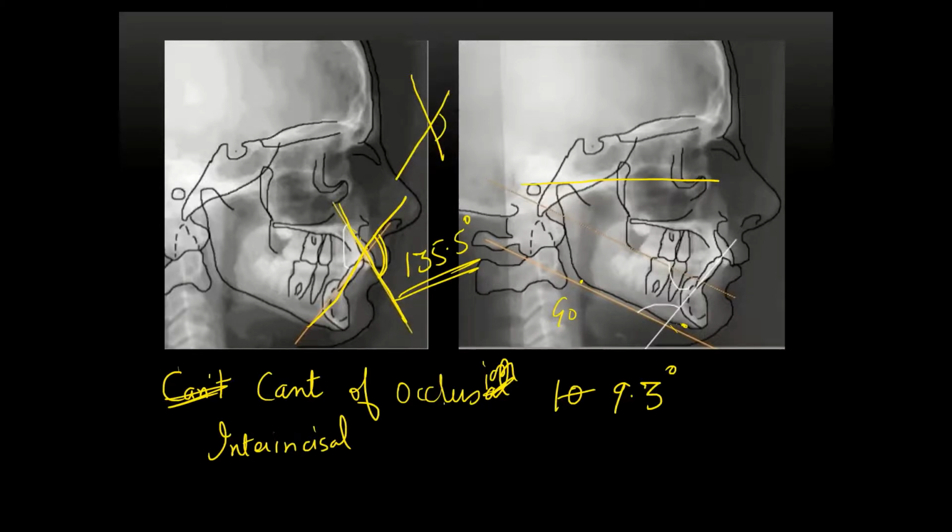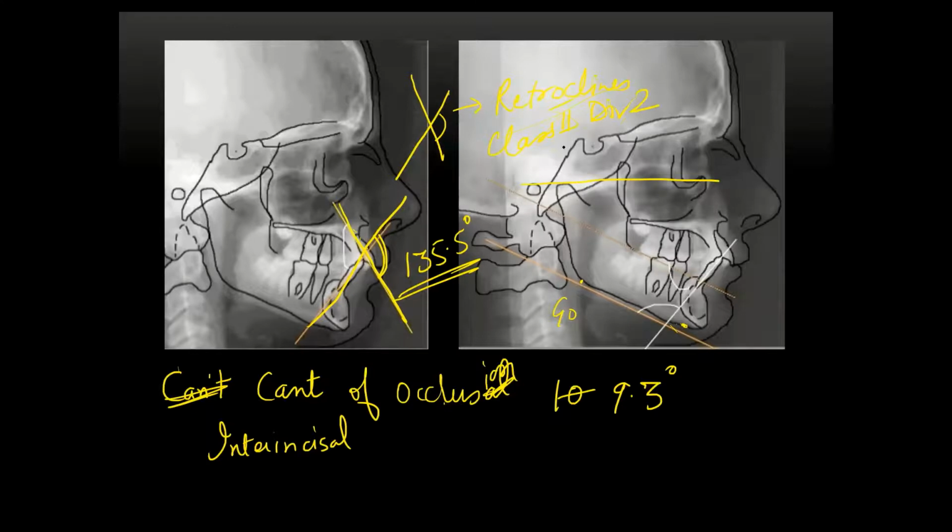This angle is between the long axes of the teeth only, so we have to talk about proclination or retroclination of teeth. It increases in retroclination of teeth. When the teeth are retroclined, for example in a class 2 division 2 case, it will increase.